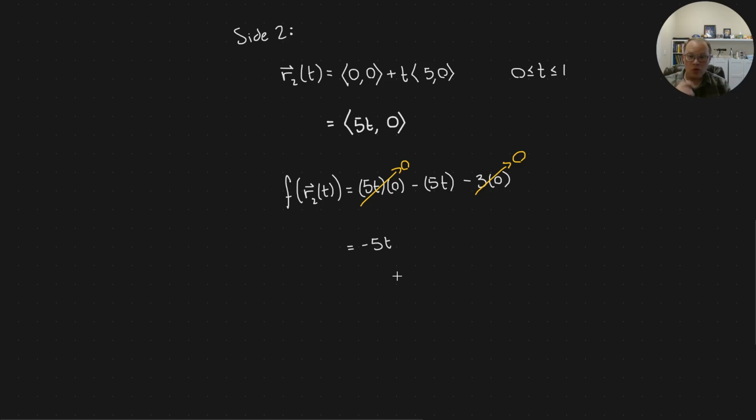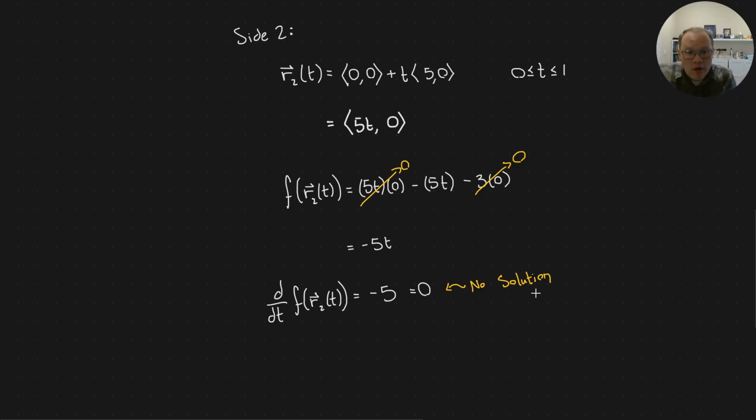To find my critical points, I want to take the derivative along this boundary, this side, and then set that derivative equal to 0. So derivative with respect to t, that'll tell me how function f is changing along this boundary. Just negative 5. If I set that equal to 0, we can see very quickly that also has no solution.